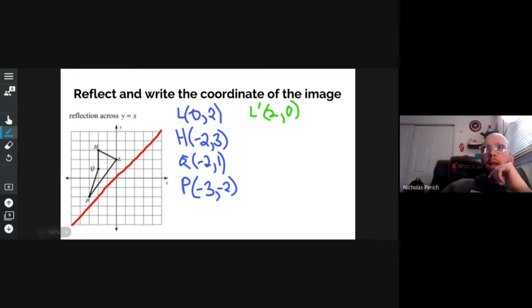So in the chat, if I were to write what L prime was, I would type out L prime (2, 0), while I graph that and get the others ready. Somebody type in the other 3.